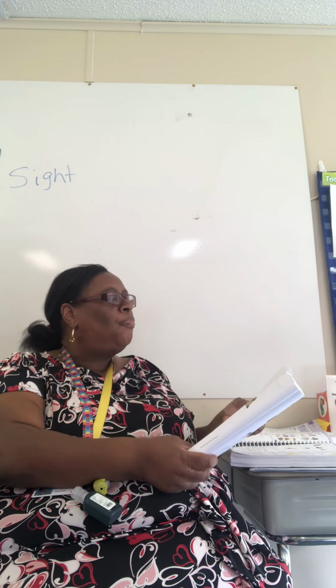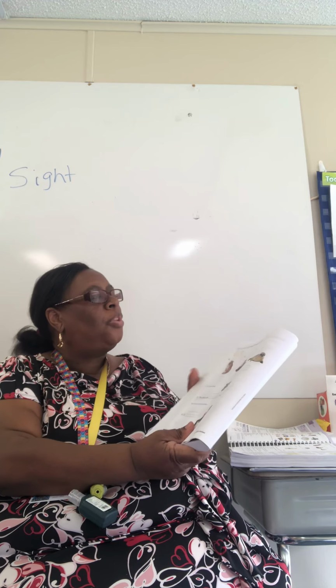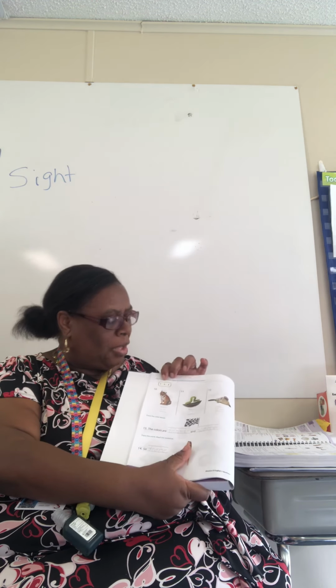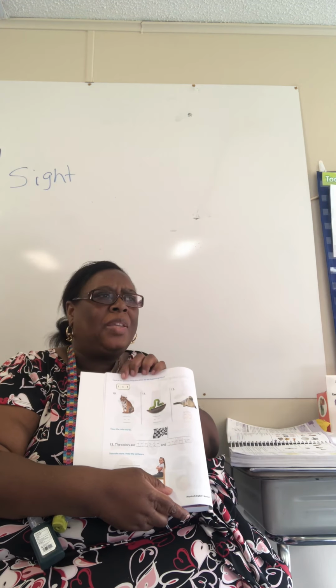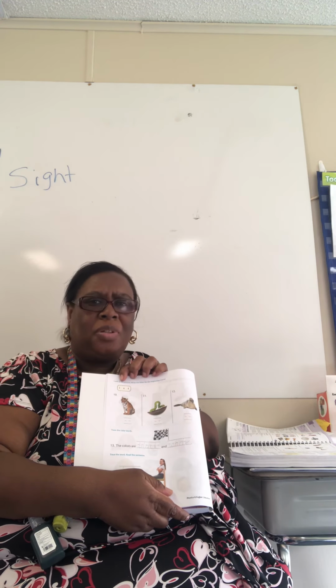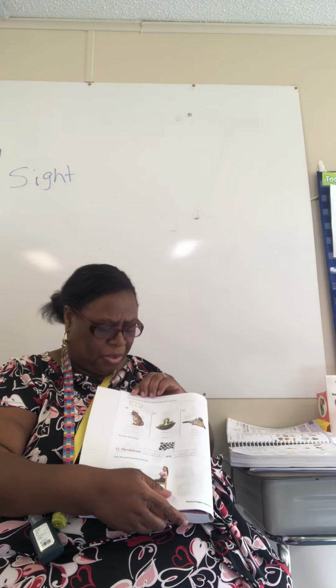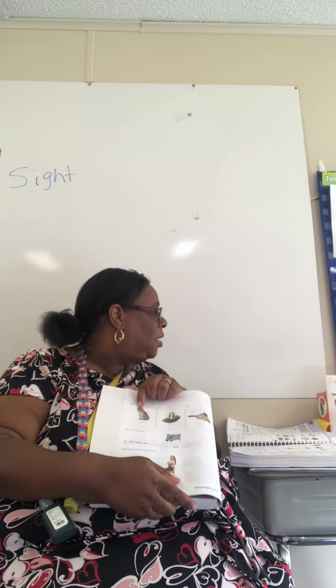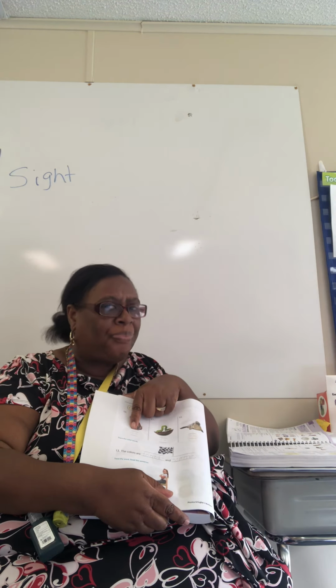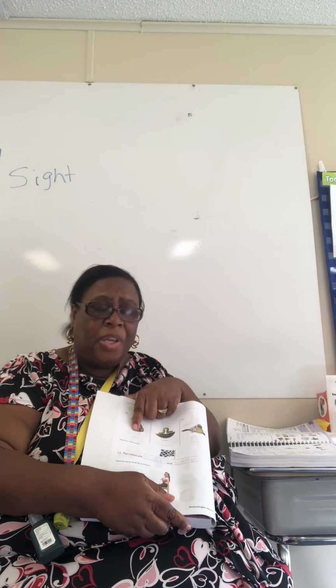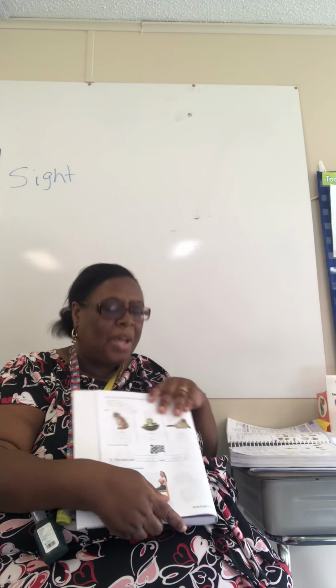On lesson 4, look at the picture and write the letter for the beginning of the sound. You have the I, the S, and the T, the things that we have been discussing this week. Okay? So you have the tiger. What will go on that line? If you said T, you are correct for tiger.